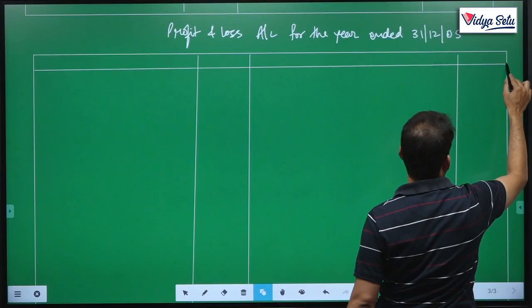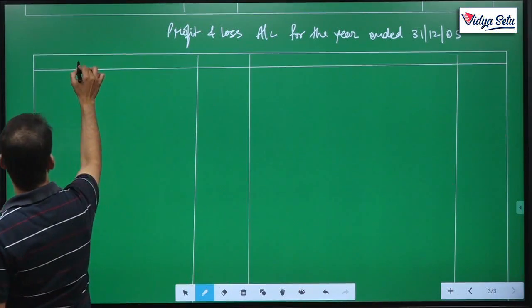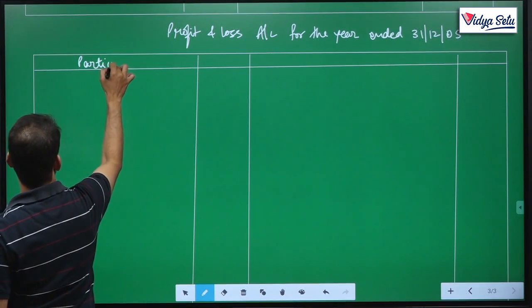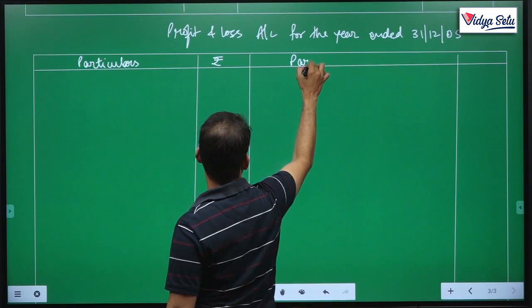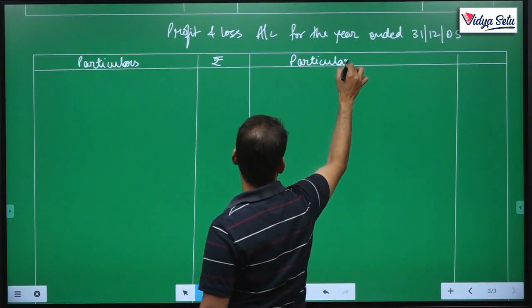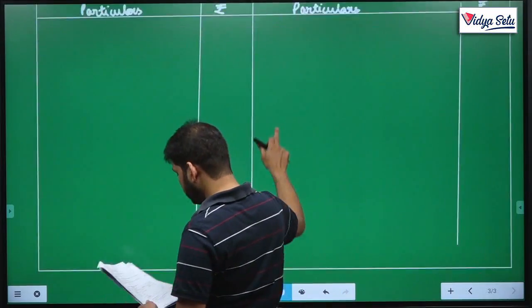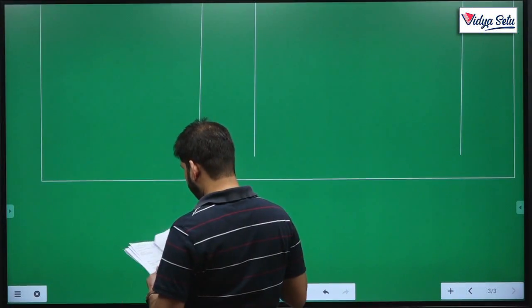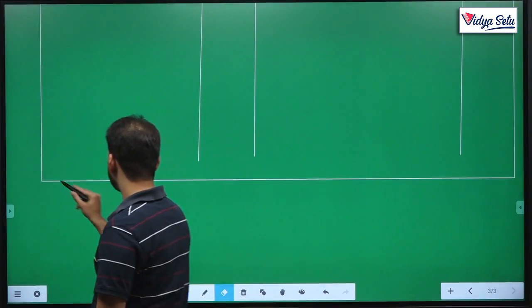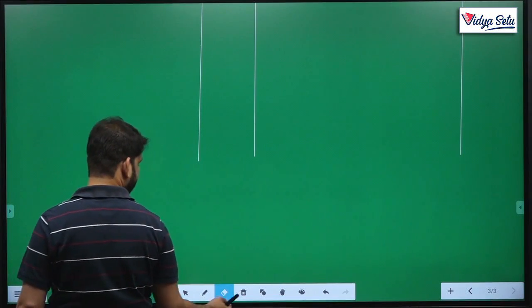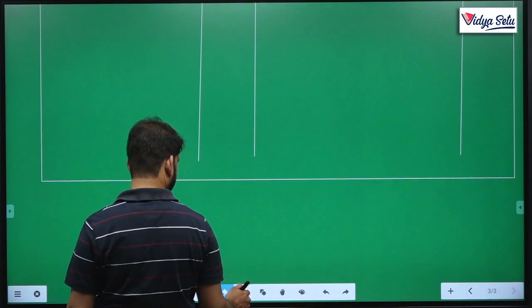Do remember in this type of question, we'll also need a P&L appropriation account.